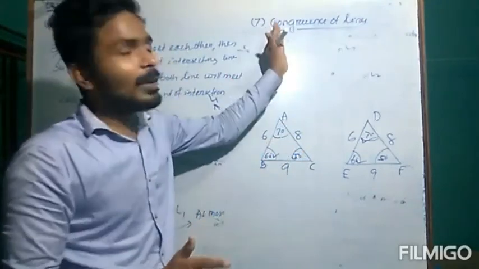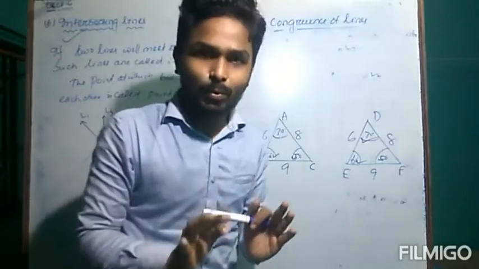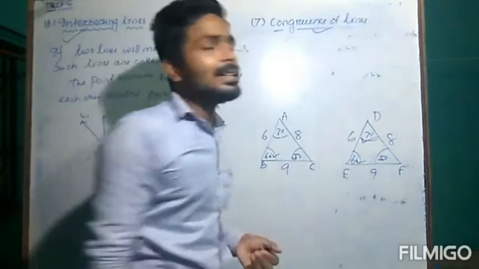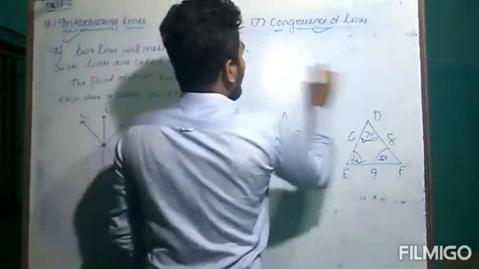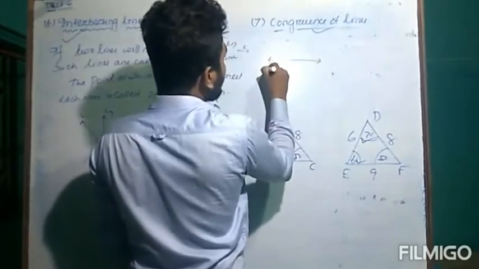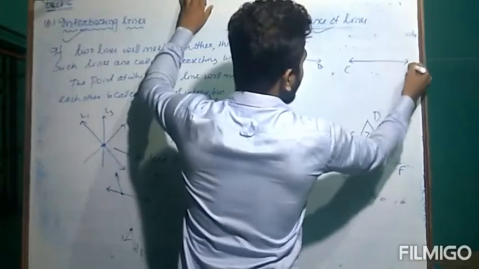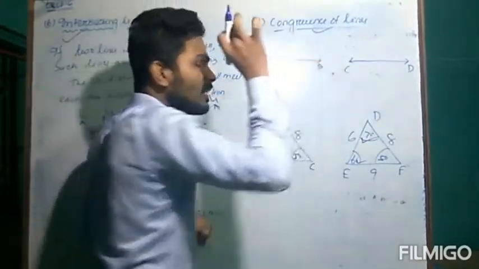Okay, so what is congruent? Congruent means if any two objects are completely equal, then these two are known as congruent. Similarly, what is congruence of lines? Two lines, line AB and line CD, are known as congruent if they have the same length.